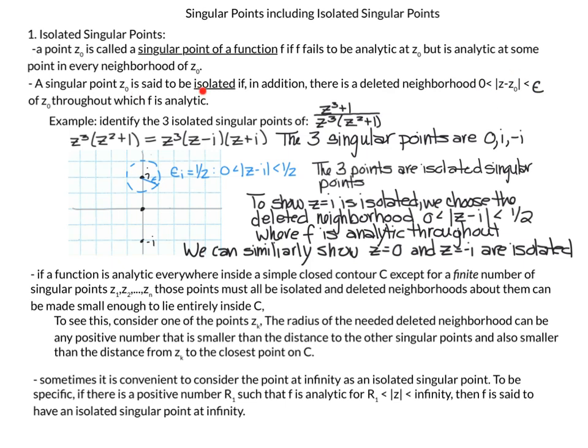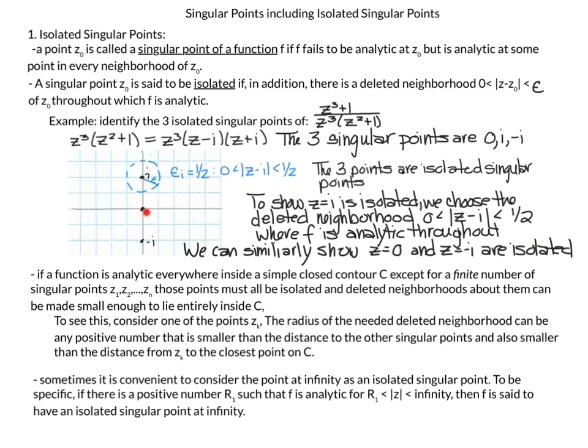And we had this example here where we have z cubed plus 1 divided by z cubed times z squared plus 1. We found the singular points by looking at where the denominator becomes 0, and that's at z equals 0, z equals i, and z equals negative i. And then we determined that the 3 points are all isolated. For example, just looking at z equals i, to find a deleted neighborhood, we just looked at the next closest singular point, which was 0.